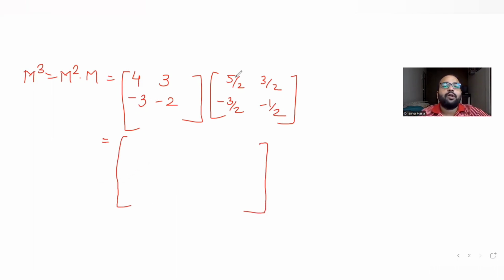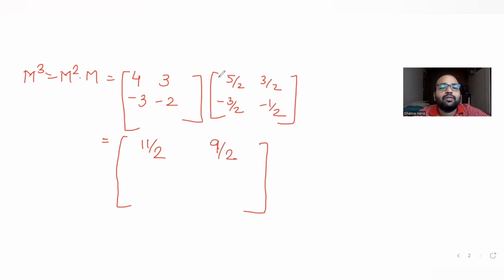That would become 4 into 5/2, that is 20/2, and 3 into -3/2, so -9/2. So 20 minus 9, that is 11/2. Next I get 4 into 3/2, so 12/2, and 3 into -1/2, that is -3/2. So 12 minus 3, that is 9/2.